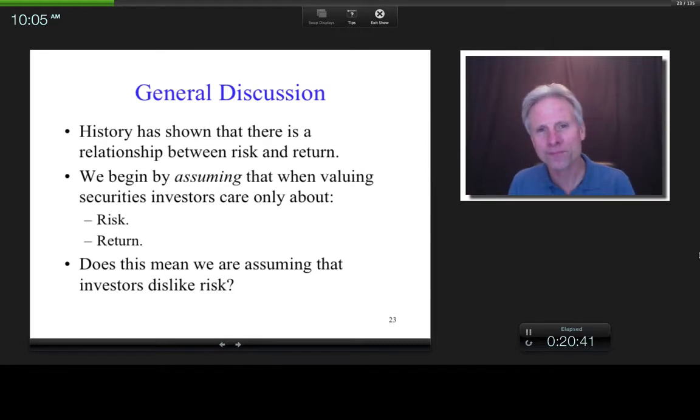Now, does that mean we're assuming that investors dislike risk? Let me do an experiment, okay? I can tell that this is clearly a really nice group of people watching this. And so let's say I decide, you know what? I'm going to give each and every one of you $1,000. However, there's one condition. Either you have to invest it in a T-bill, or you have to take it to Las Vegas.